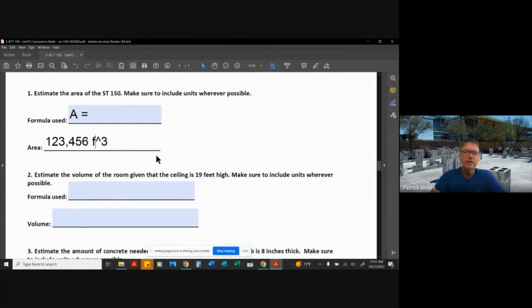For cubic inches, or cubic yards. So this is how I want your answers to look. If it's money, I want there to be a dollar sign out front. Your answer isn't complete if you just have numbers in there. I would also like the labels that indicate the units.